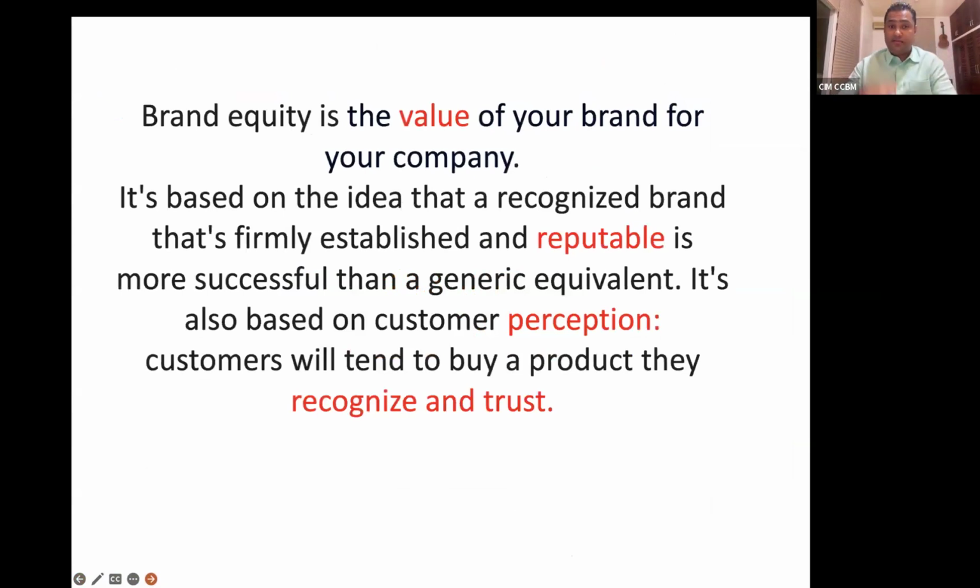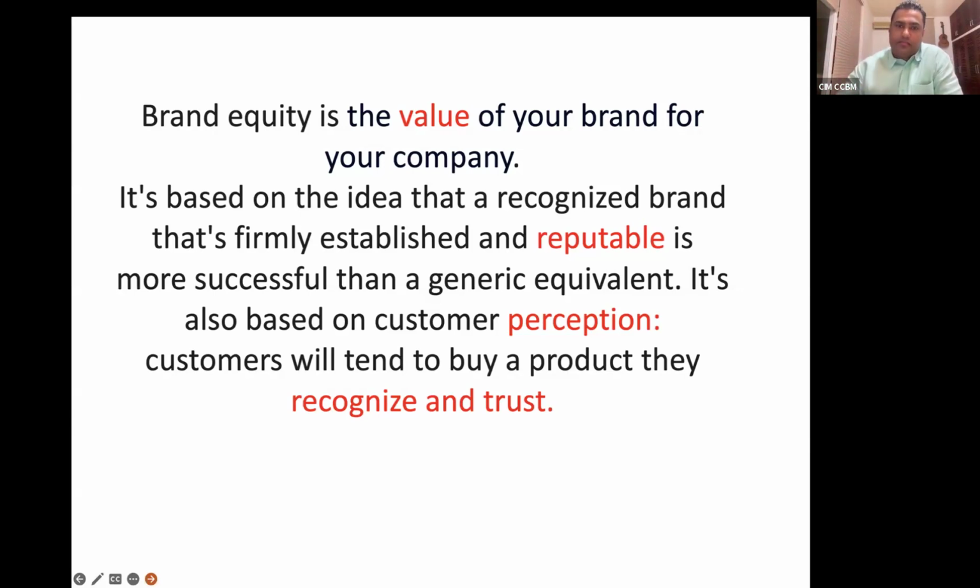Brand equity is the value of the brand, the dollar value of your brand. So that if you're only selling the brand, now let's say Nestle will want to sell Kit Kat. If you're selling Kit Kat to PepsiCo, only the Kit Kat brand, then the Kit Kat brand will have an equity, a value for that brand.